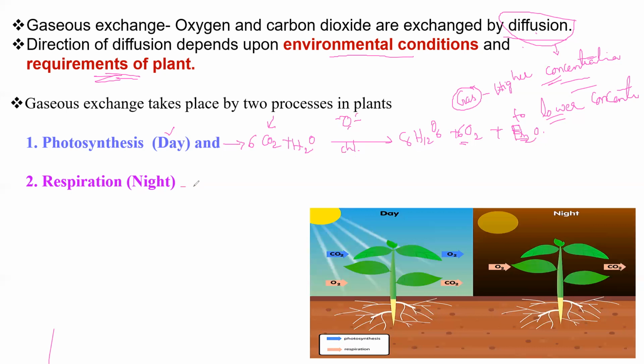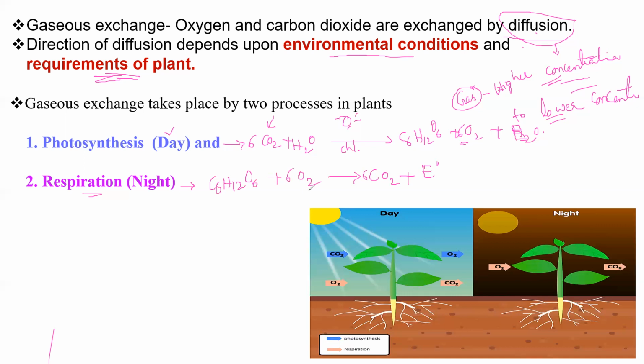Now come to the another process called respiration, which occurs at night. How will the process be? Whatever glucose is synthesized during the day is going to be used by the plant in presence of oxygen to produce carbon dioxide and energy.